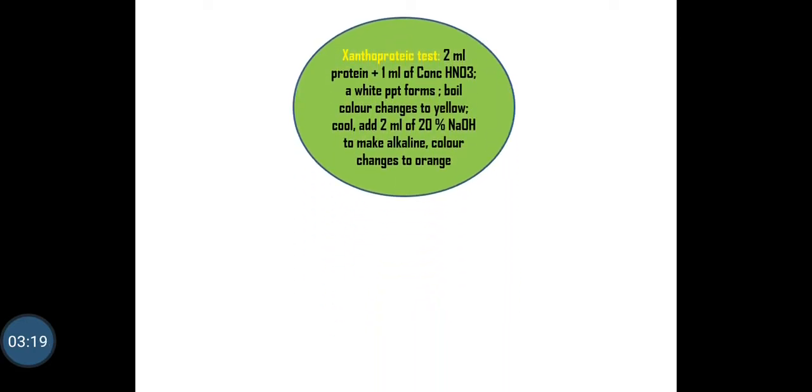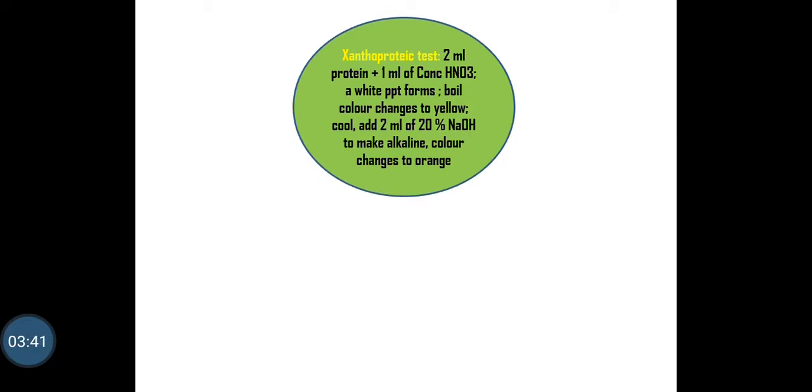Next test is xanthoproteic test. This test is used to differentiate between aliphatic amino acids and aromatic amino acids. The proteose and peptones do not form precipitate with nitric acid, but their solution becomes yellow and then orange when made alkaline.